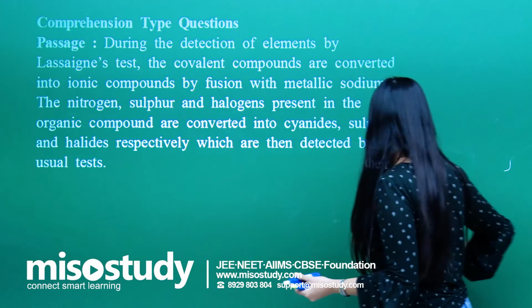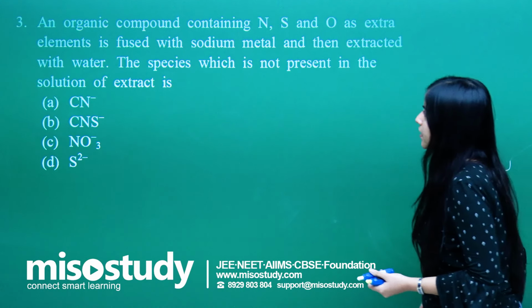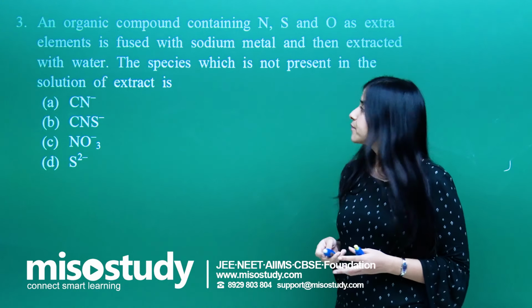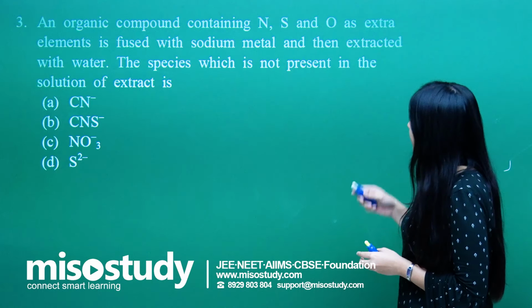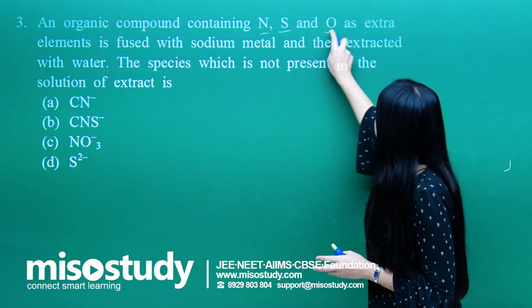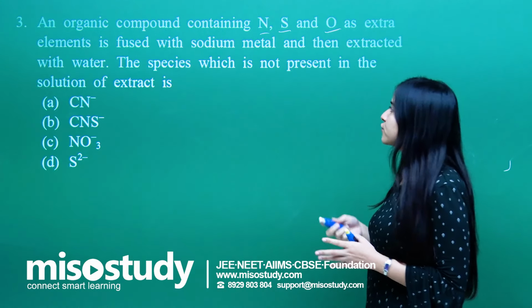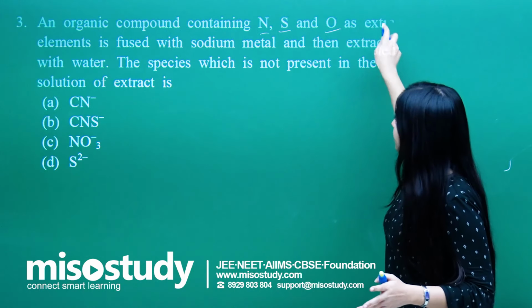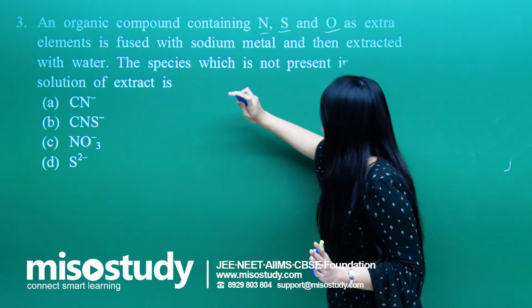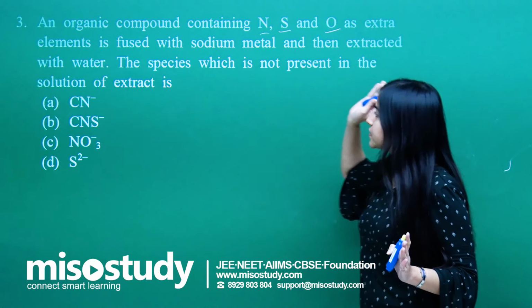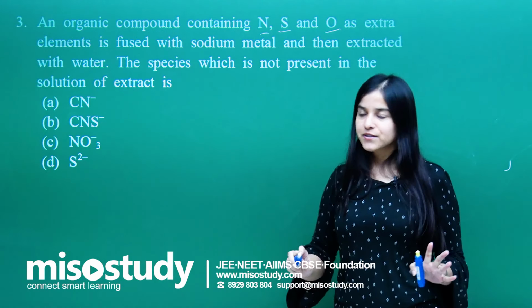Now, let us just check the questions. Based on it, an organic compound containing N, S, O as extra elements is fused with the sodium metal and then extracted with water. Which is the species not present in the solution of the extract?